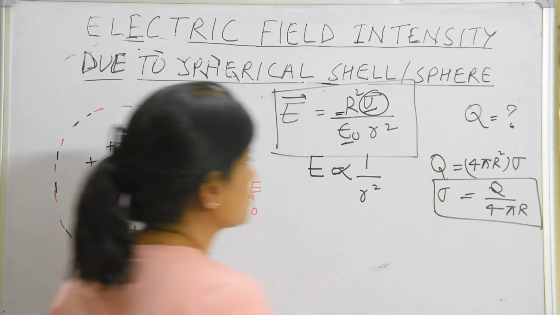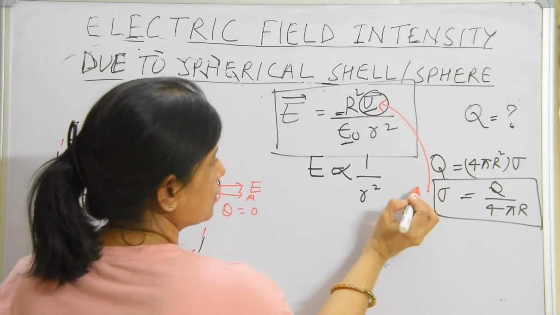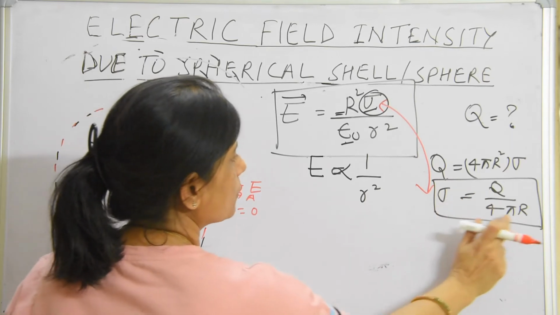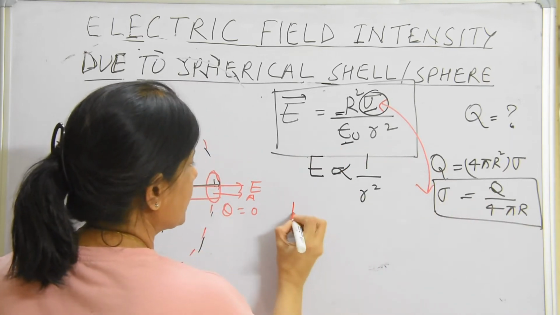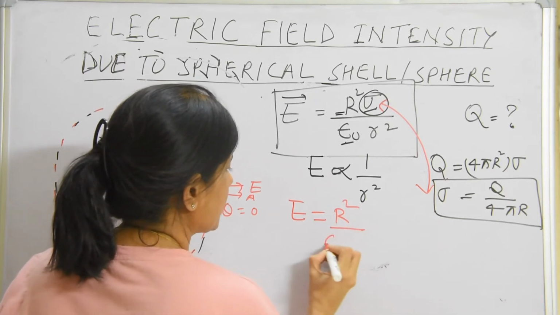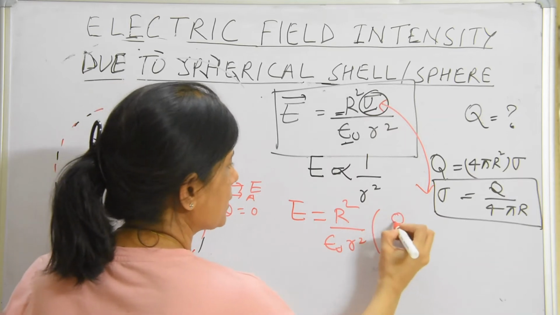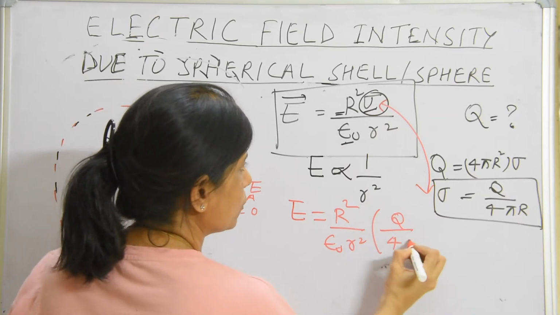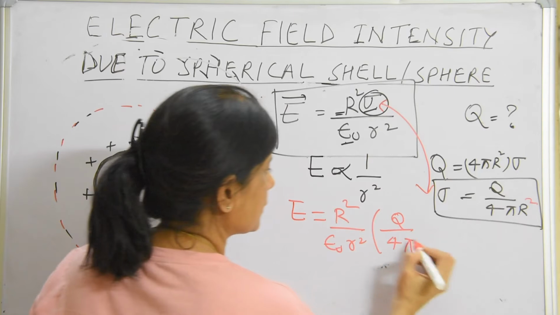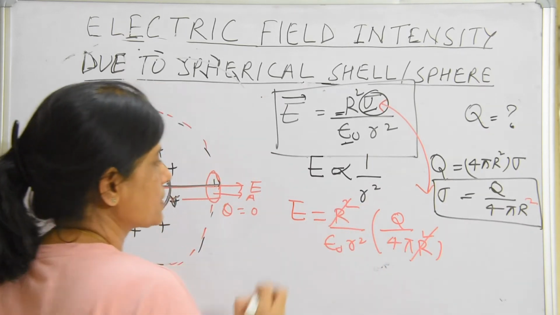Yes. So in place of sigma, we will write Q upon 4 pi R square. So we would write E is equal to R square upon epsilon naught r square, and in place of sigma, Q upon 4 pi capital R square. This R square and R square cancel.